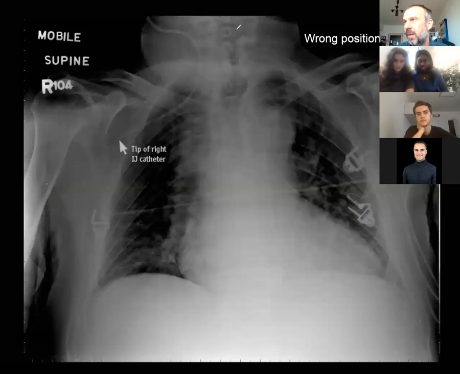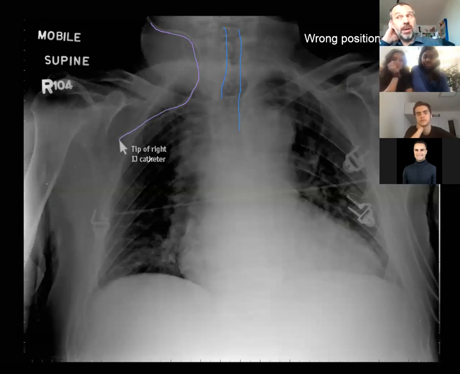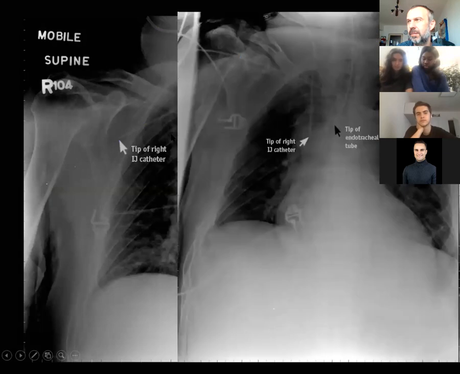Here, this is the trachea, and the wire goes totally away. So this is a subcutaneous localization, and you have to perform the catheterization again. Here it's placed finally well, and again you can see the endotracheal tube and the wires of ECG.